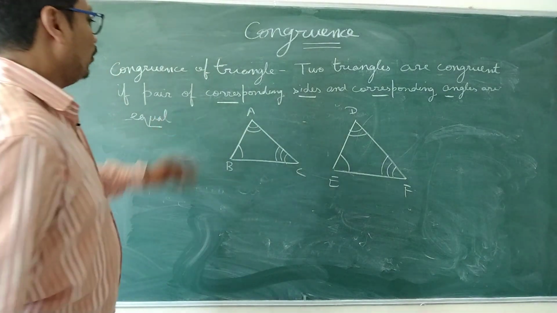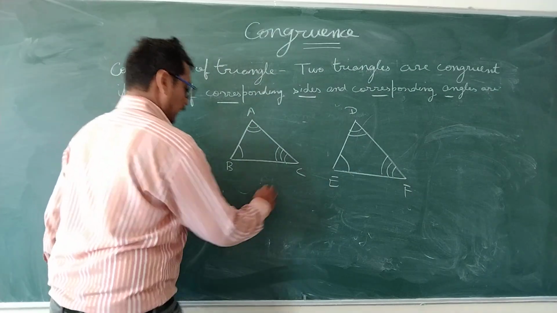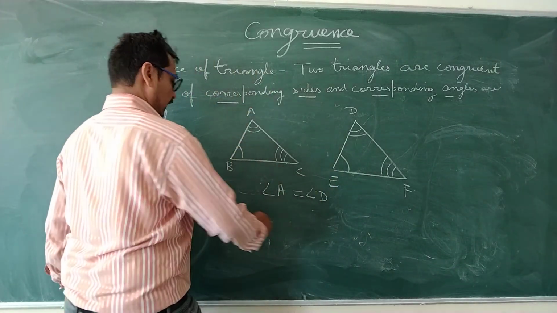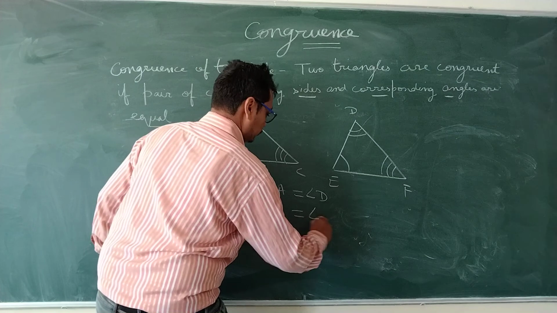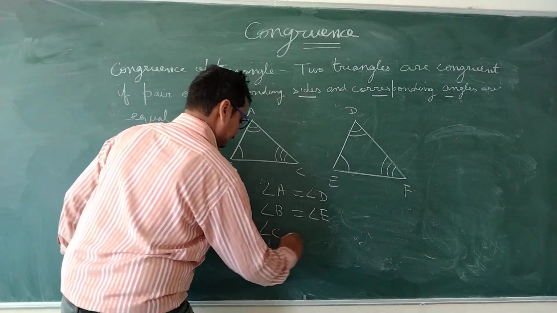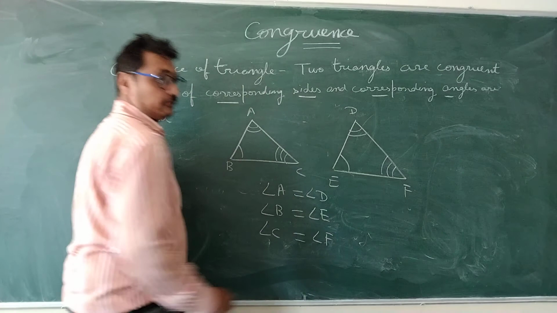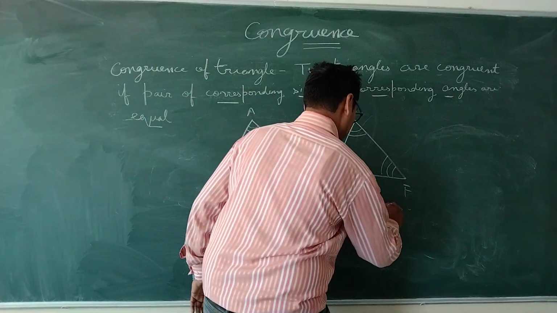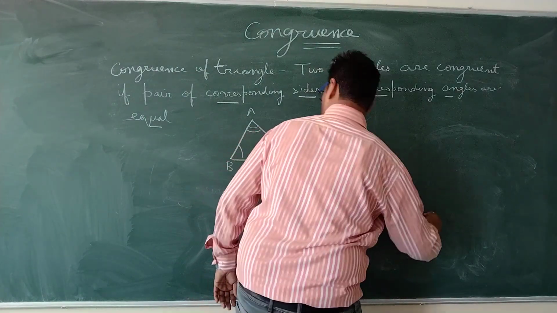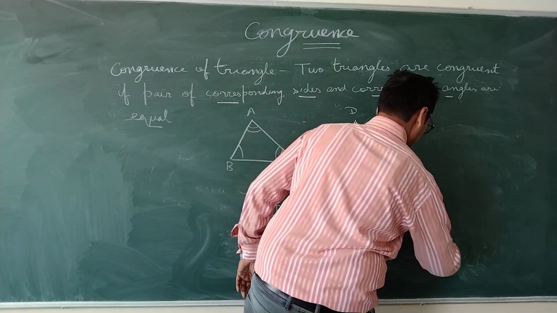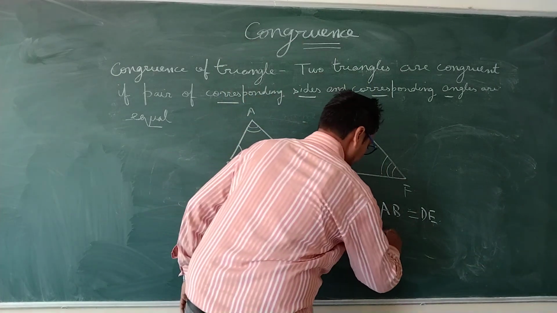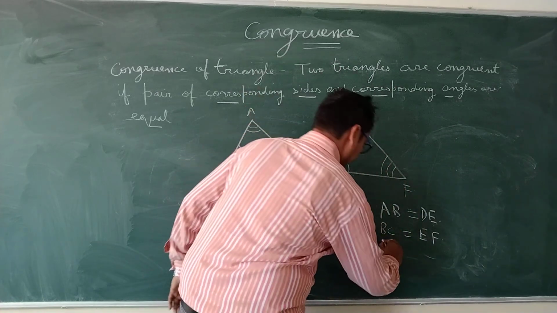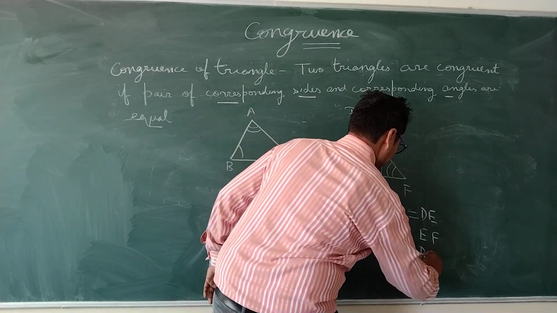Suppose they both are congruent. It means angle A should be equal to angle D, angle B should be equal to angle E, angle C should be equal to angle F. Also, side AB should be equal to side DE, side BC should be equal to side EF, and side AC should be equal to side DF.